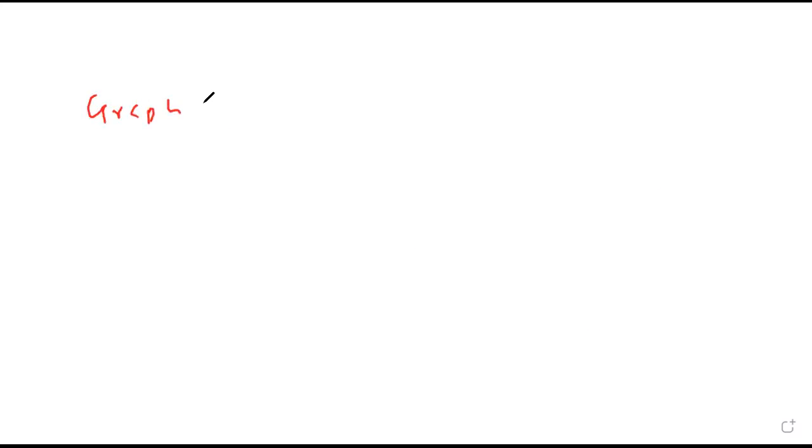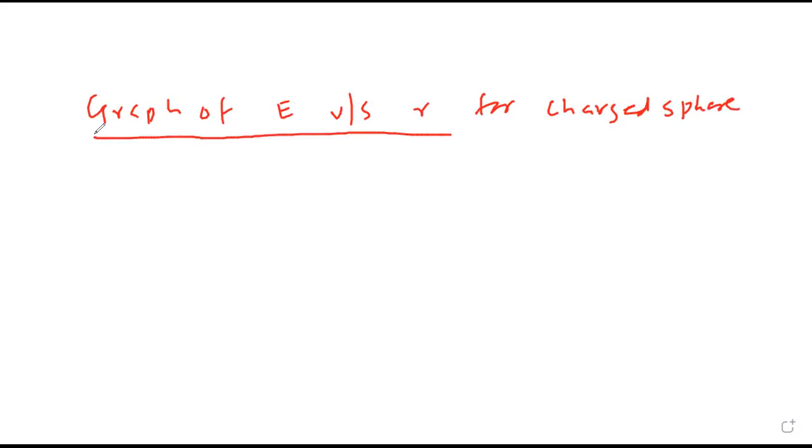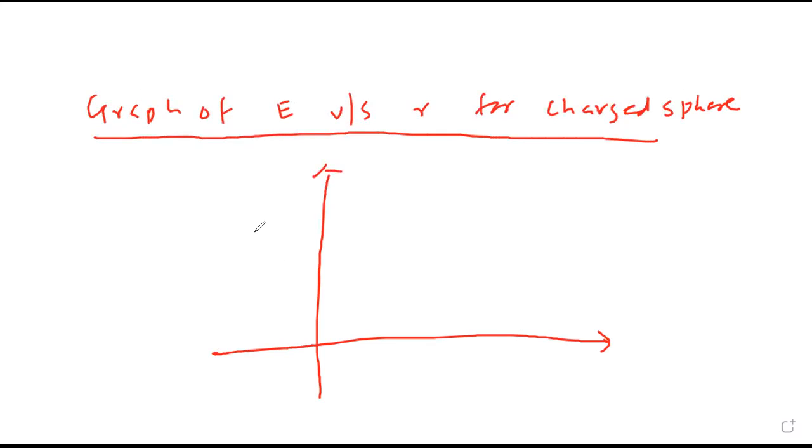Graph of E versus r for charged sphere. Nothing given means it is a hollow sphere. If the point is inside, that means at center, what will be r? 0, no?